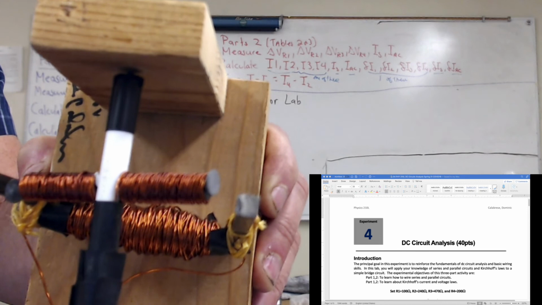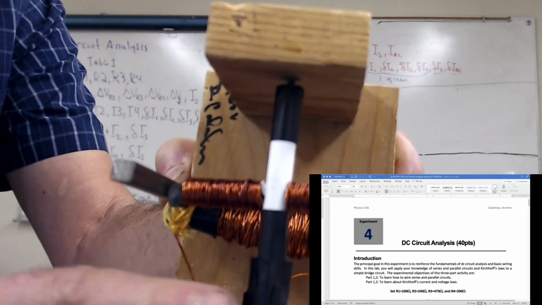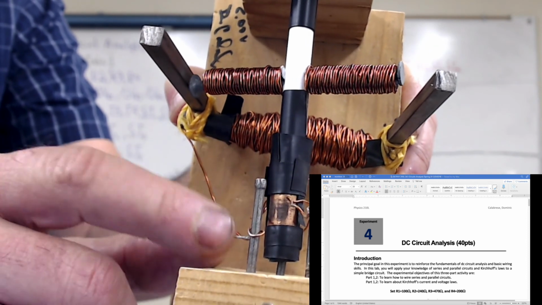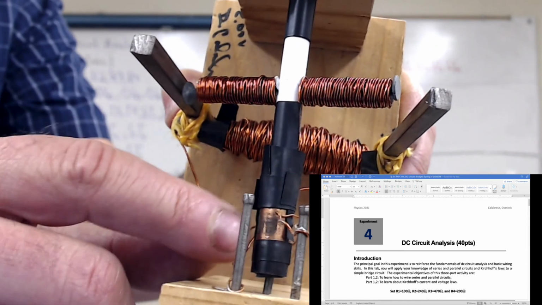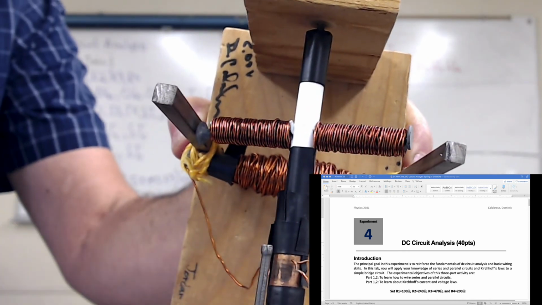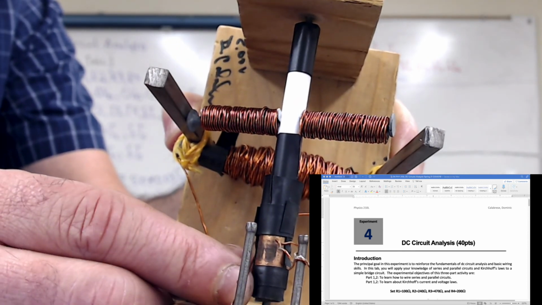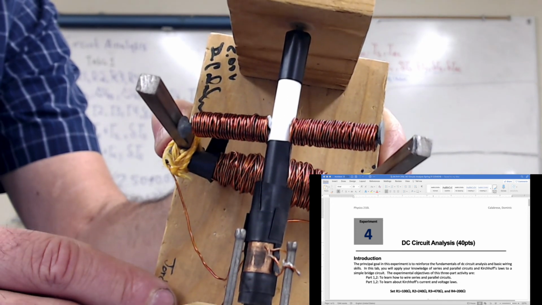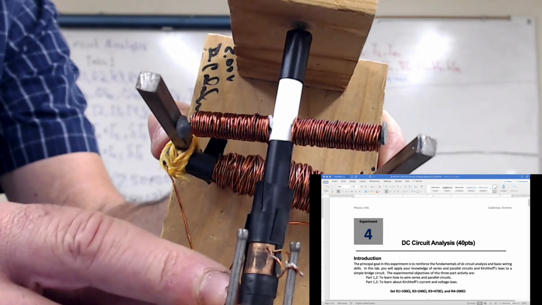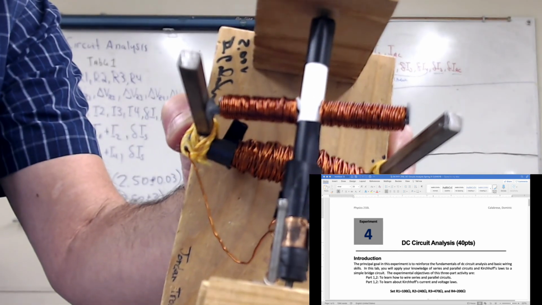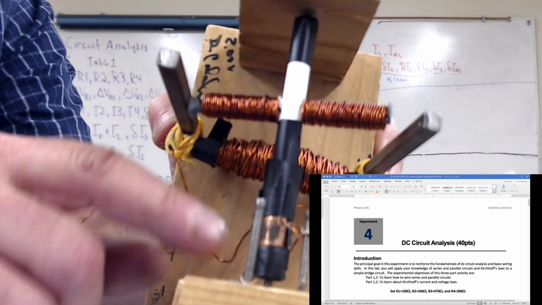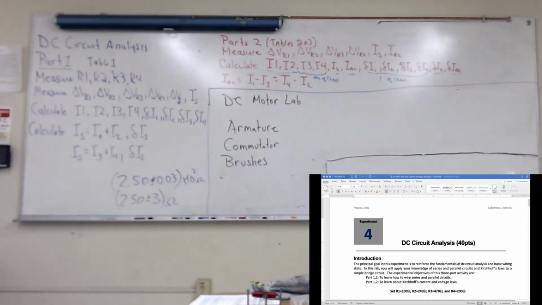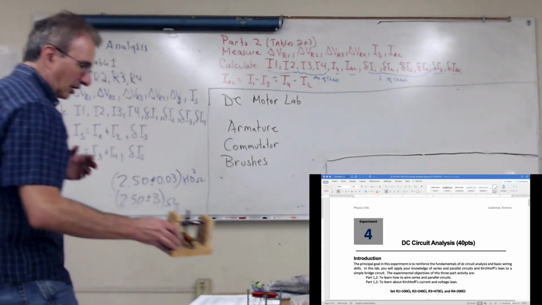This is a better commutator. The copper strip, that's the commutator. And this is where the transfer of energy occurs from the power supply to the armature. So these wires are the brushes in this particular one. Basically, the commutator and brushes make the electrical connections.